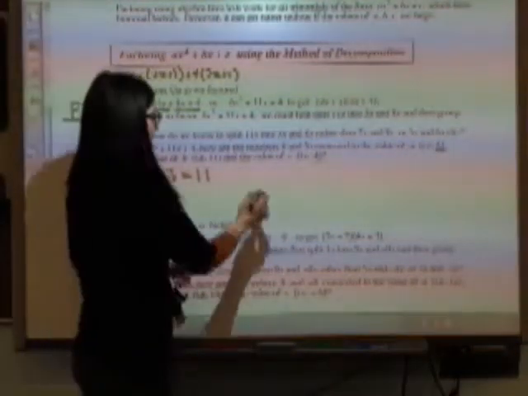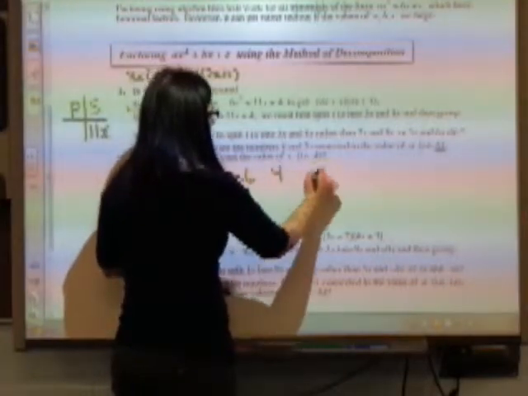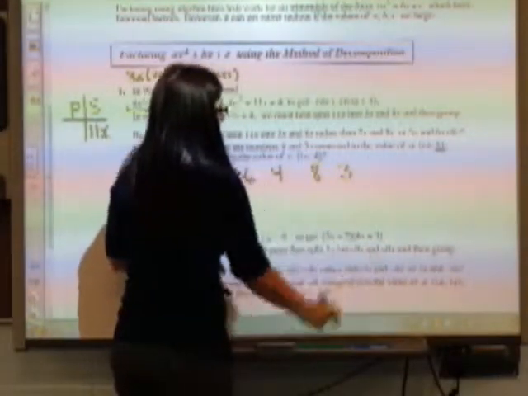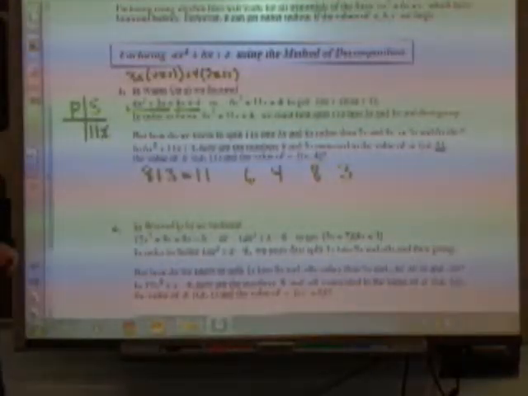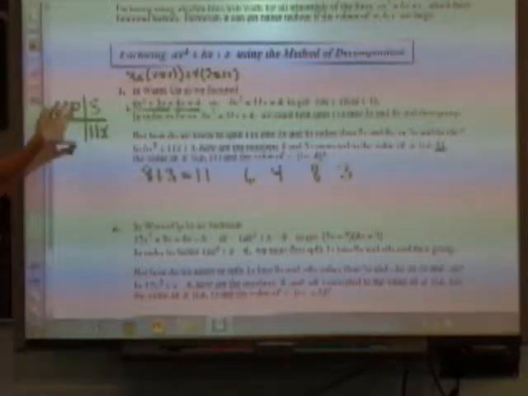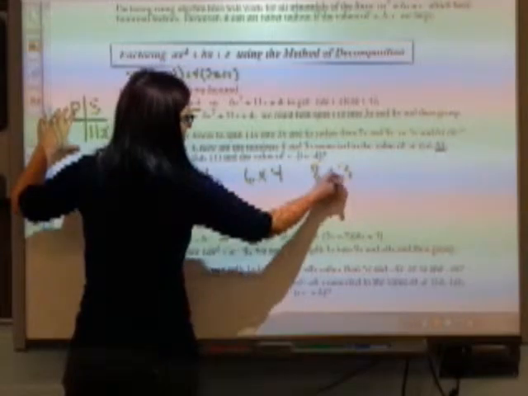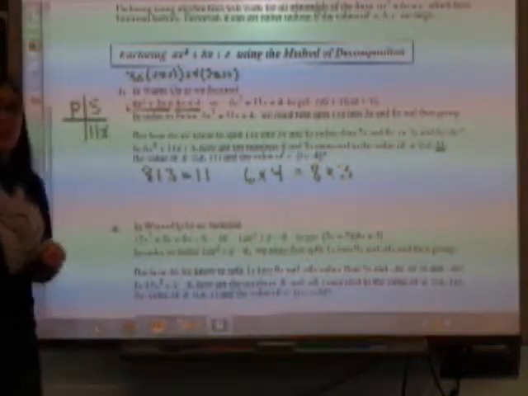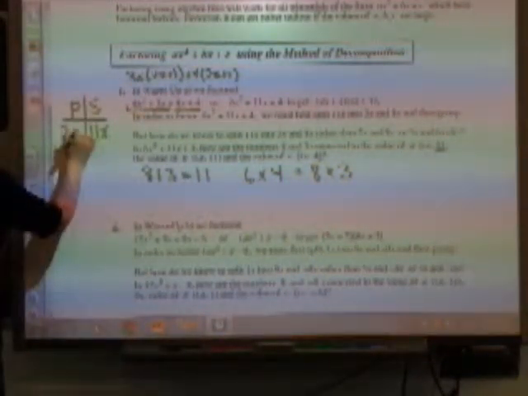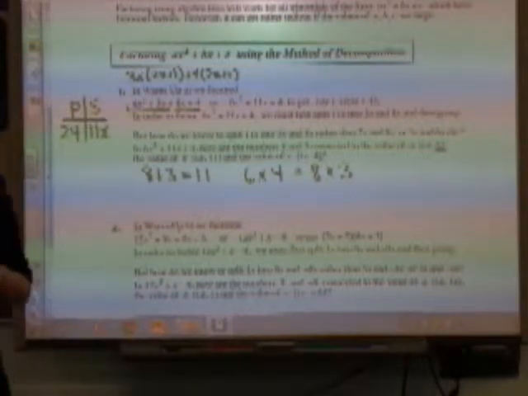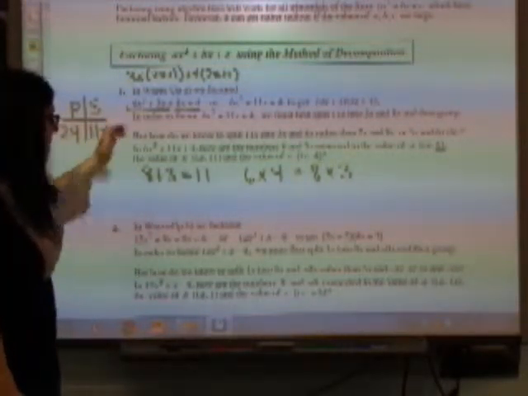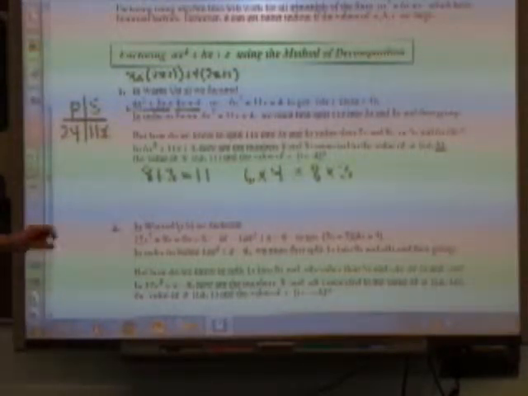Well, it's not. It's the 6 and the 4 with a relationship with the 8 and the 3. And that relationship comes in the product. 6 times 4 equals the same value as 8 times 3. So the question that we're answering is: two numbers that multiply to 24 and add to 11. That gives me the 8 and the 3.